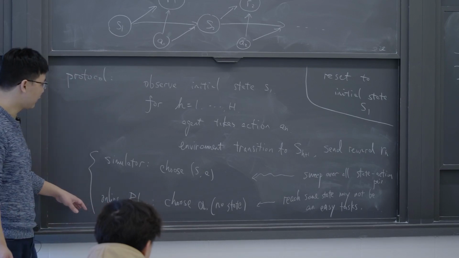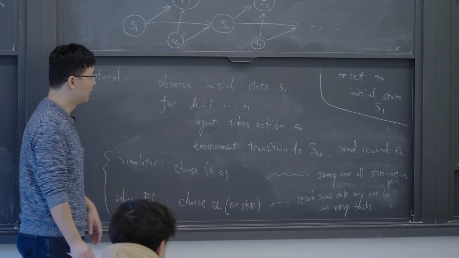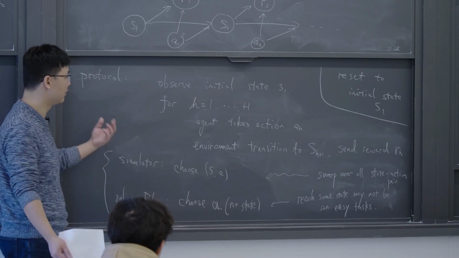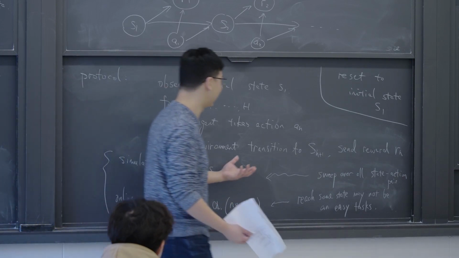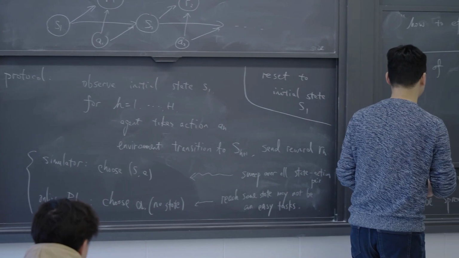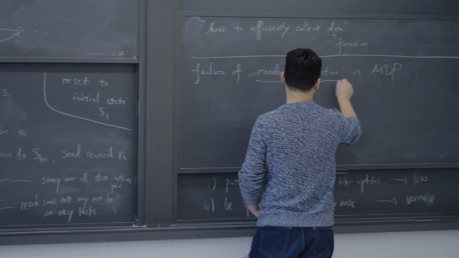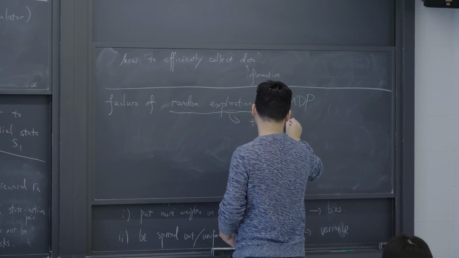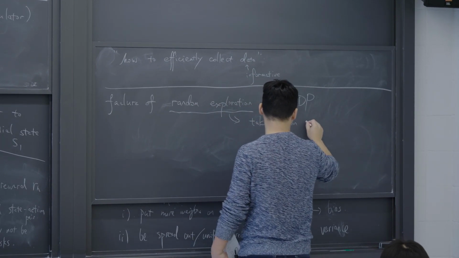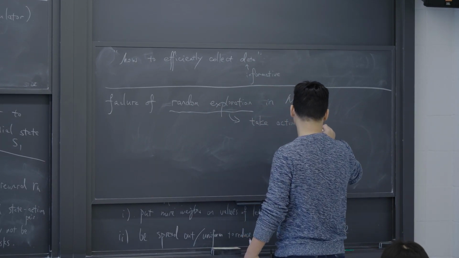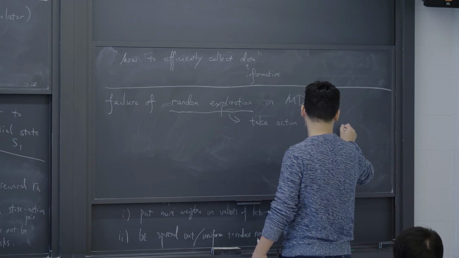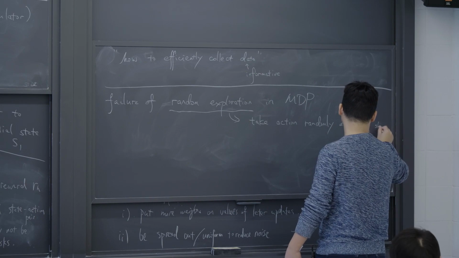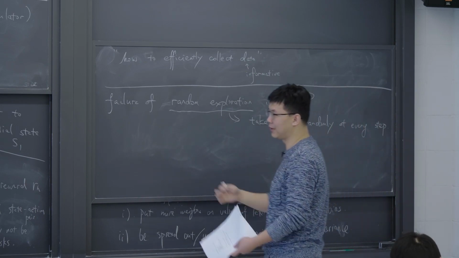Well, in online reinforcement learning, although I cannot choose the state, by random exploration I mean every time I take an action, I just choose the action randomly, at every step.